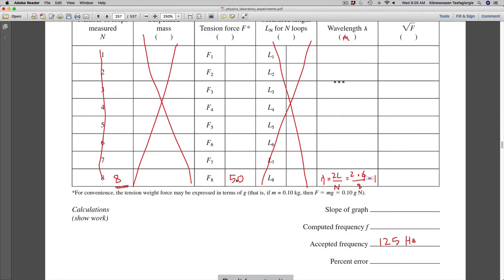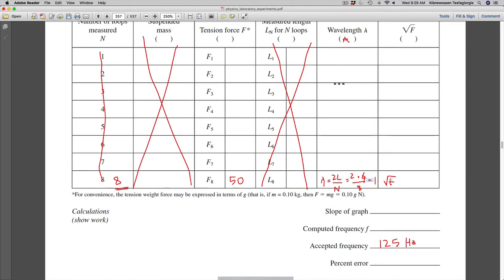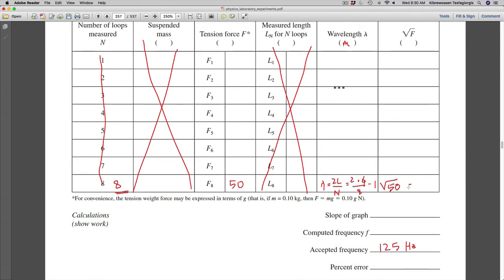And of course, we already said this is 50. Then this value is going to be the square root of 50. You can just approximate it, like the way you may get it.